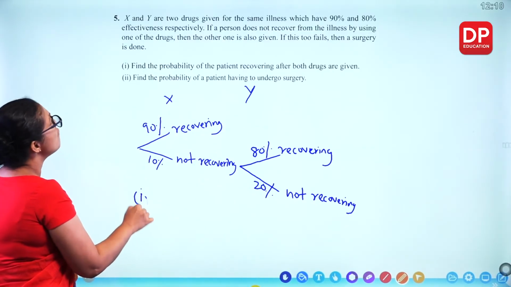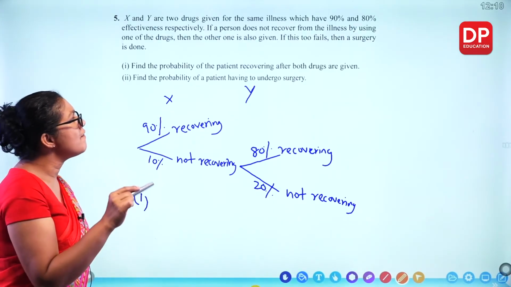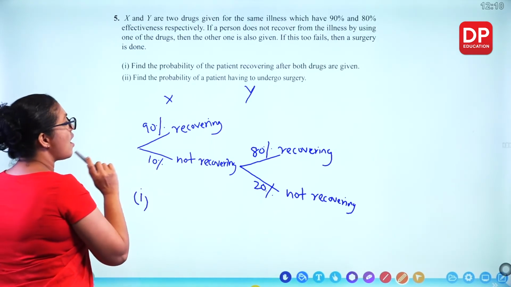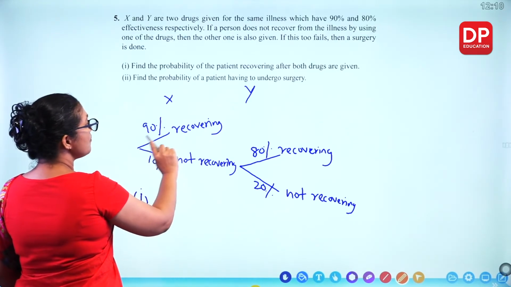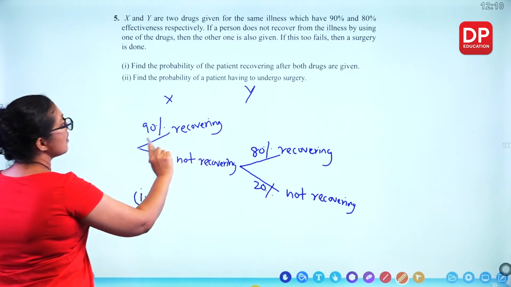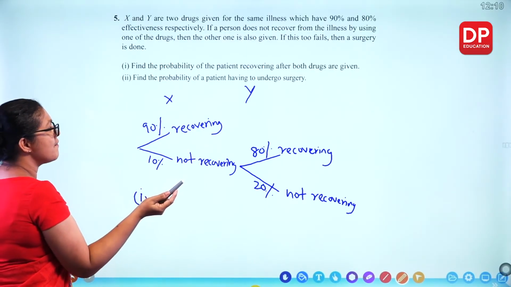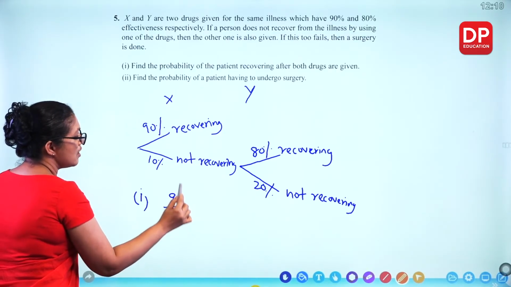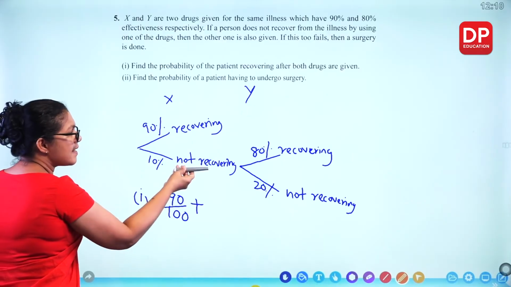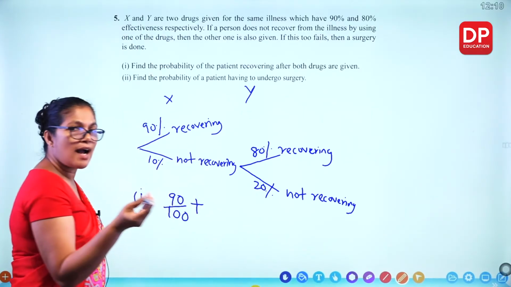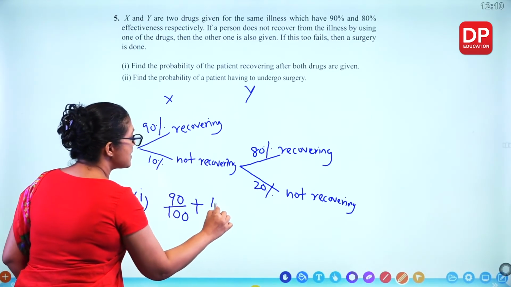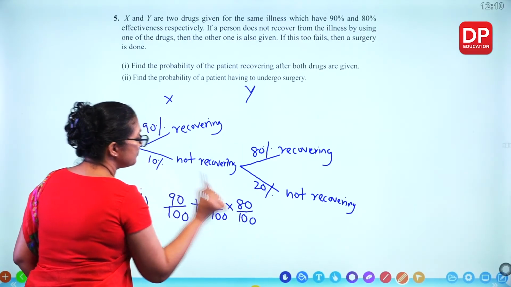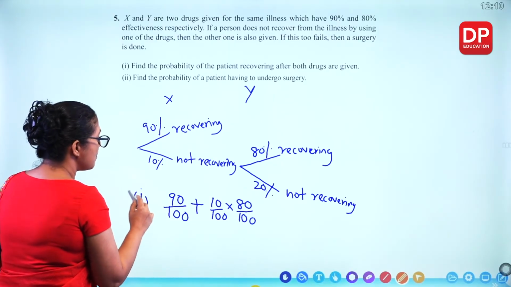First one, find the probability of the patient recovering after both drugs are given. So either this path, when X given, you are getting 90%, that's this branch, or X given and then from Y recovering is 10% into 80%. So what's the final probability?